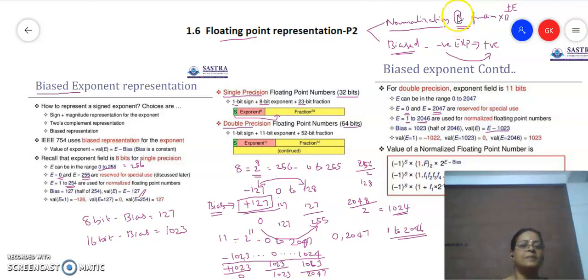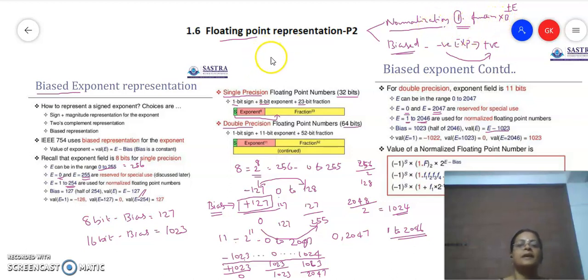Always a 1 is expected to be there, and this 1 is not going to occupy any storage. By relaxing this condition, it is possible for us to extend the range. So there is no memory required for storing this 1. By default, all the fractions are supposed to be normalized.